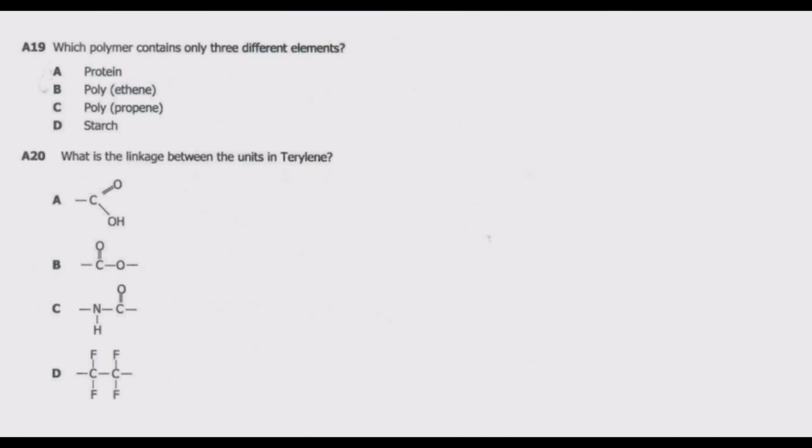Let us look at question 19. Which polymer contains only 3 different elements? So we are only looking for 3 different elements. If you look at A, protein, it contains nitrogen, hydrogen, oxygen, and carbon. So it contains 4 elements. Polyethene is made from hydrocarbons. Hydrocarbons only contain carbon and hydrogen.